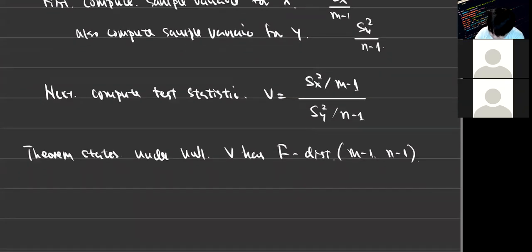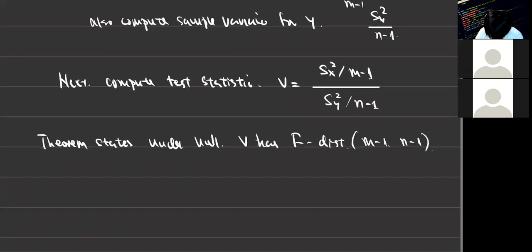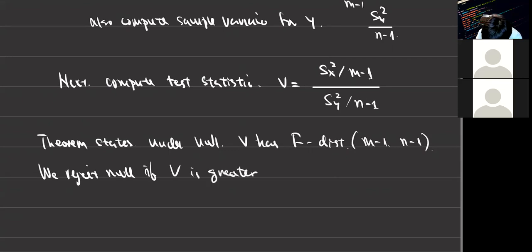But here, let's wrap up this theorem by saying we reject the null if V is greater than C. And let me say a little bit about what C is.